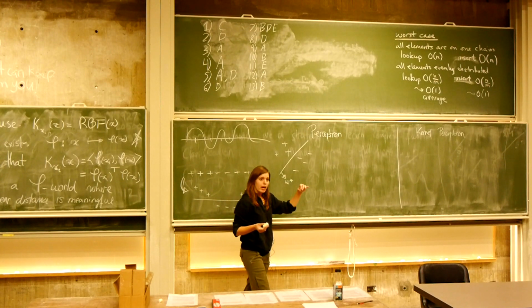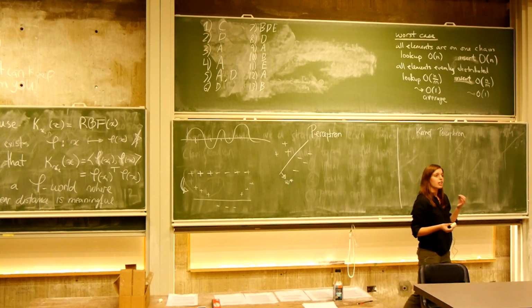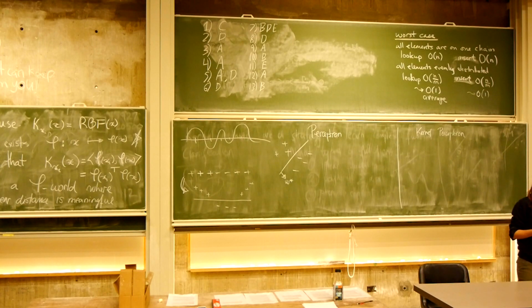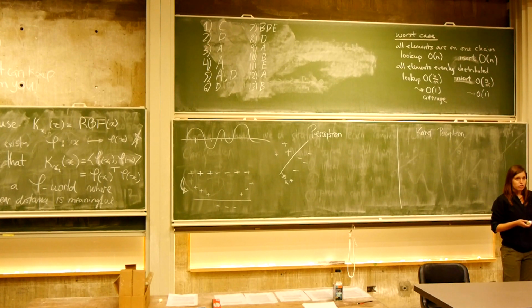Now, if you have an algorithm that iteratively adjusts a W, so creates a W1, W2, WT, and you want to figure out if this algorithm converges, what you want to do is to somehow measure how close your WT is to the W star.